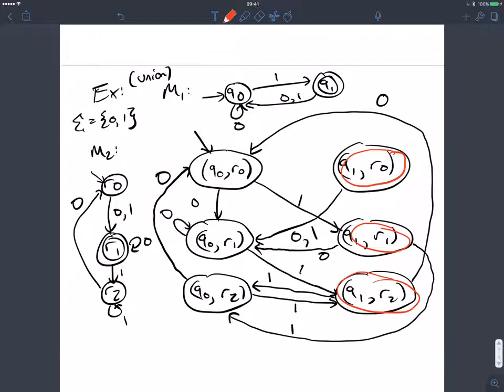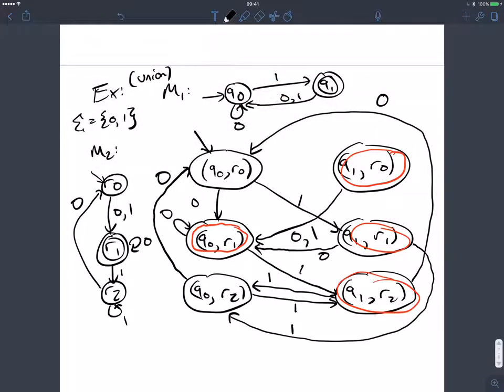So when I do union, I can look and say, okay, the Q1 column is going to all be final. What do I know now for the M2 DFA? All the R1 states are going to be final, so this one's going to be final too. And that's the construction, product construction.